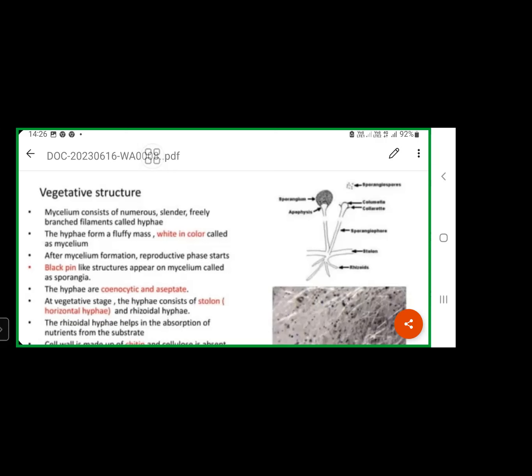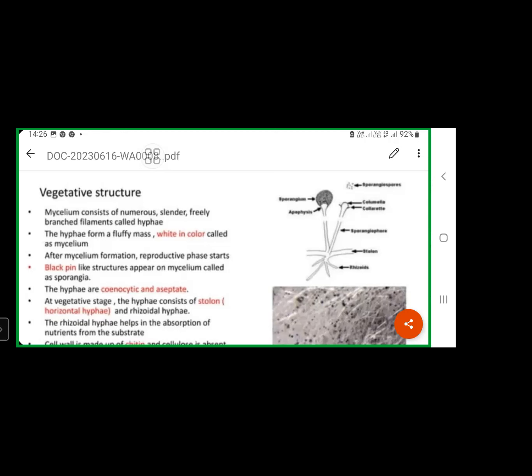Just as roots give support to plants, this prostrate mycelium will give support like an anchor. So mainly this prostrate mycelium performs two functions: one is anchorage and another one is absorption. What will it absorb? It will absorb nutrients. Mineral nutrients are absorbed by this prostrate mycelium of Mucor from the substratum.